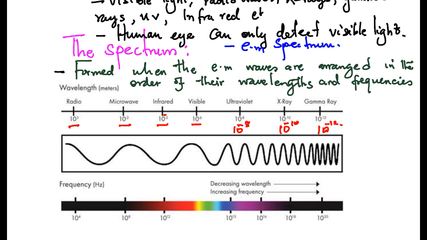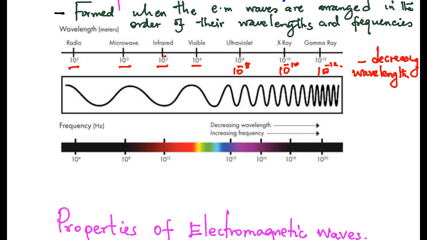So from this, we note that the spectrum has waves with decreasing wavelengths, from the first one, which is radio waves. The decreasing wavelength can be represented by the wave shown here.